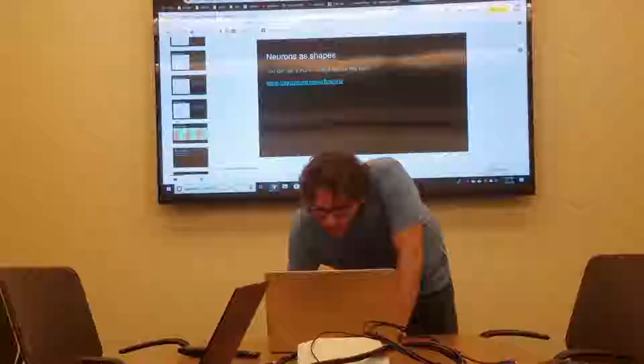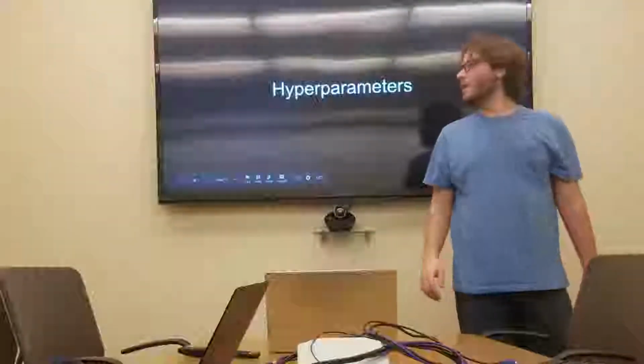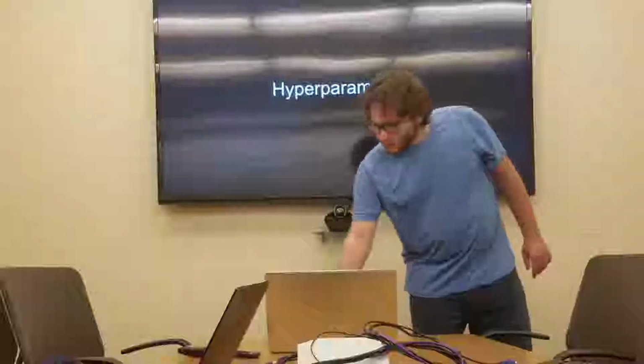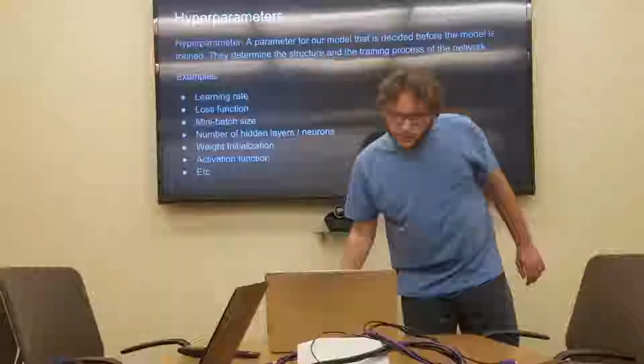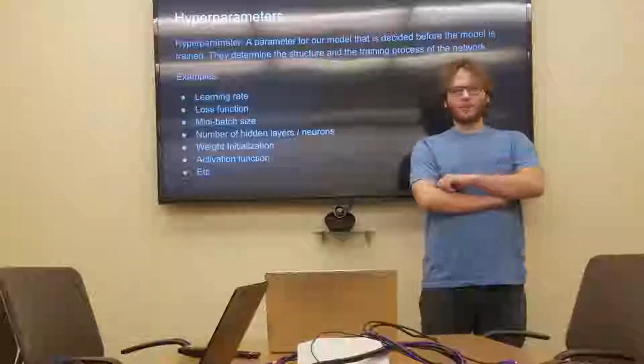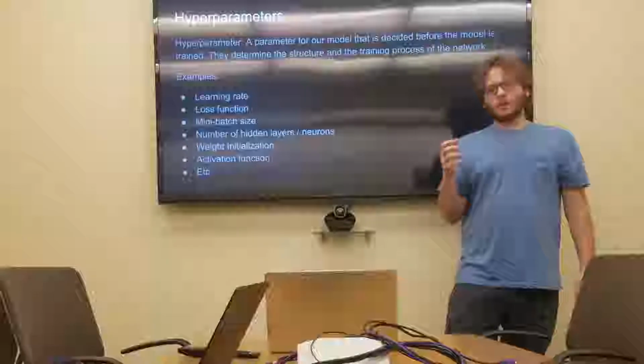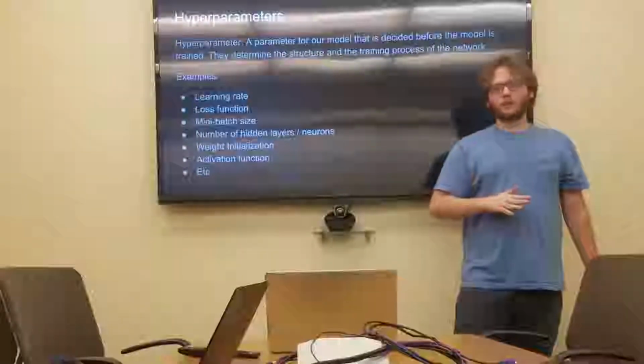All right, back to the slide. Hyperparameter is a real subject for today. So, what is a hyperparameter? This is some variable or parameter of our network that we set before we do any training.